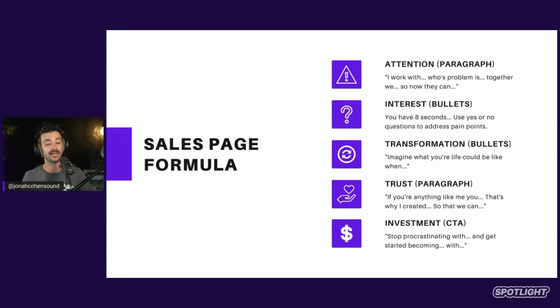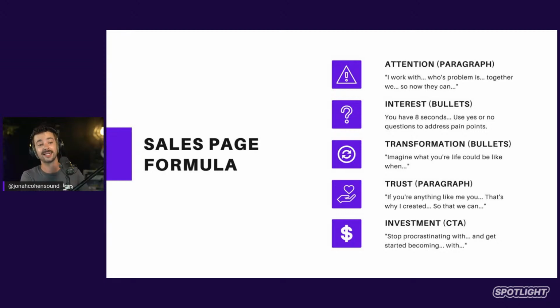Stop procrastinating with whatever their problem is and get started becoming that person that they want to be with the Become Your Own Producer course, right? Or whatever your product is you're offering, whether it's coaching, services, downloads, or a course. This is the part where you say, take the leap, invest your time, invest your money, and if you do that with me, we'll make you that person you want to be.